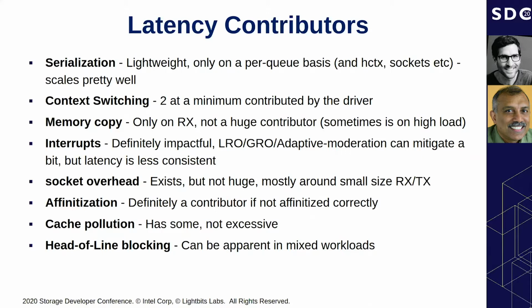Otherwise, you would violate the messaging interface on top of TCP, and you lose the stream tracking. So in mixed workloads, this can definitely have an effect, and we'll talk a bit more about that as well.